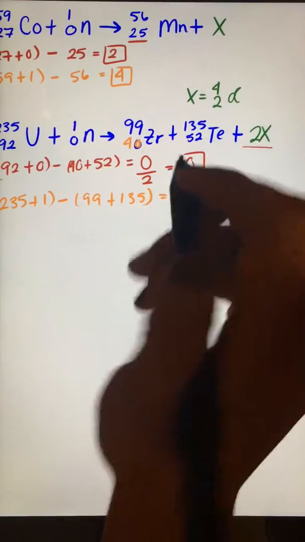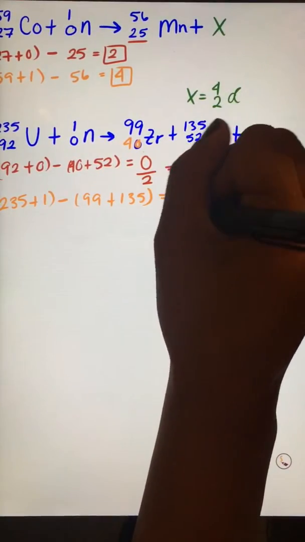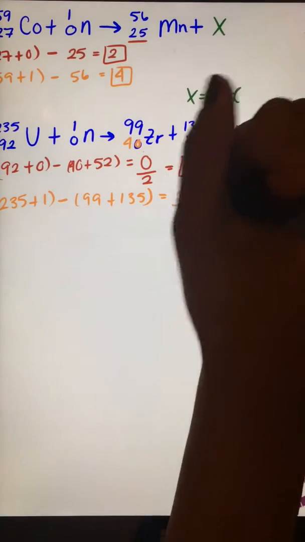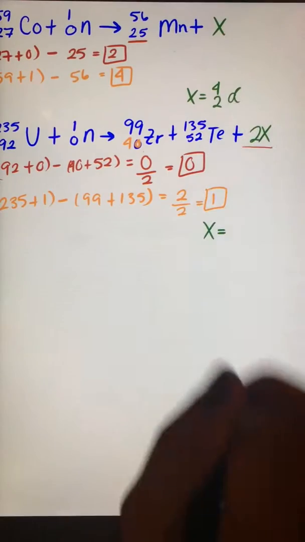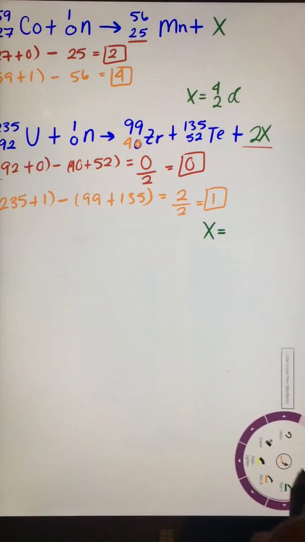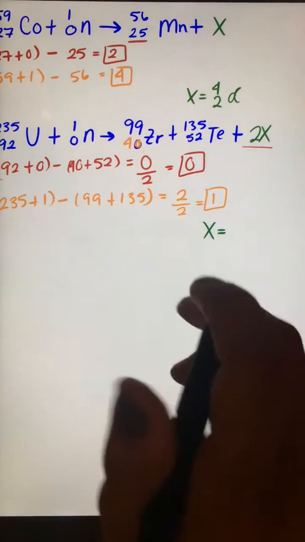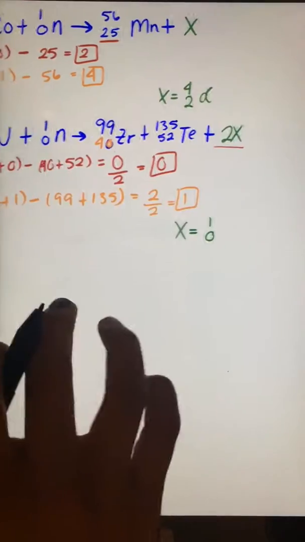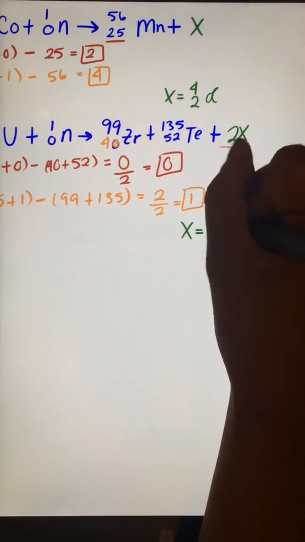However, X is multiplied by 2, so you divide it by 2, and your nuclear mass is 1. So therefore, X has a nuclear mass of 1 and 0 protons, and it is a neutron.